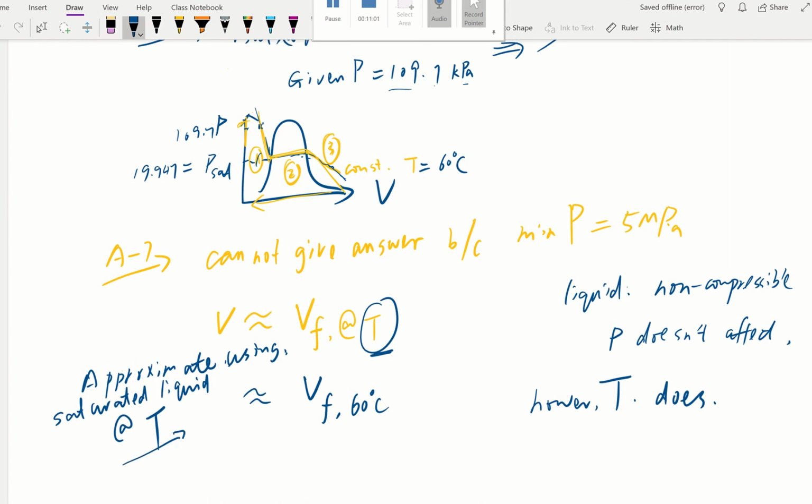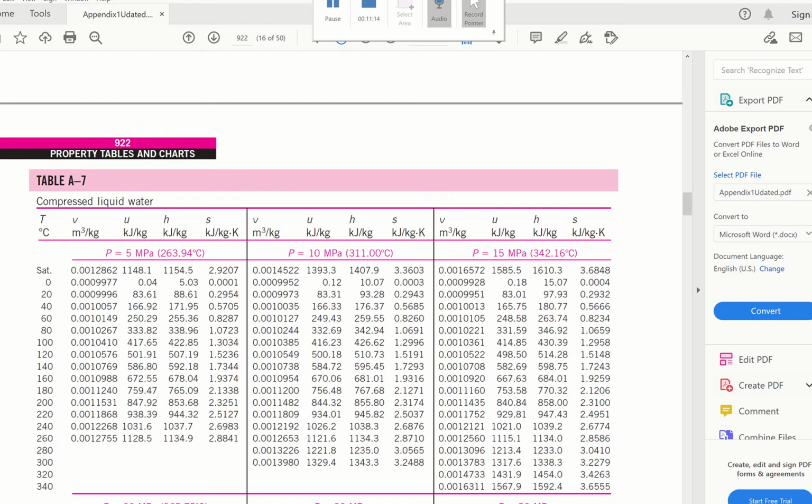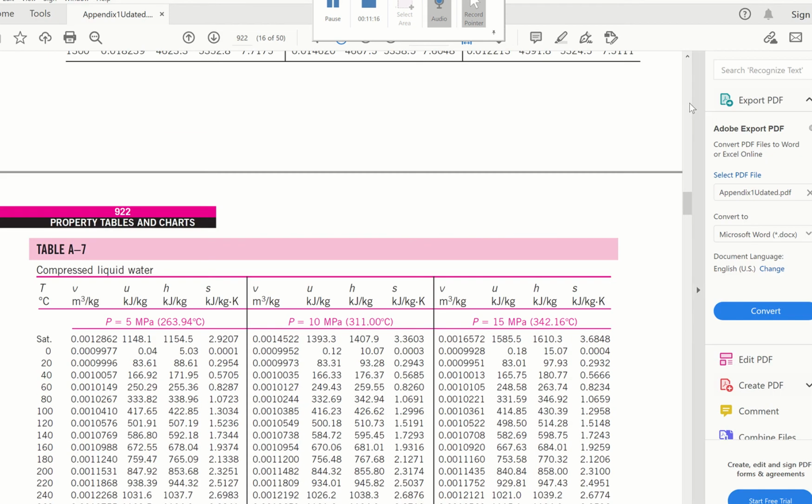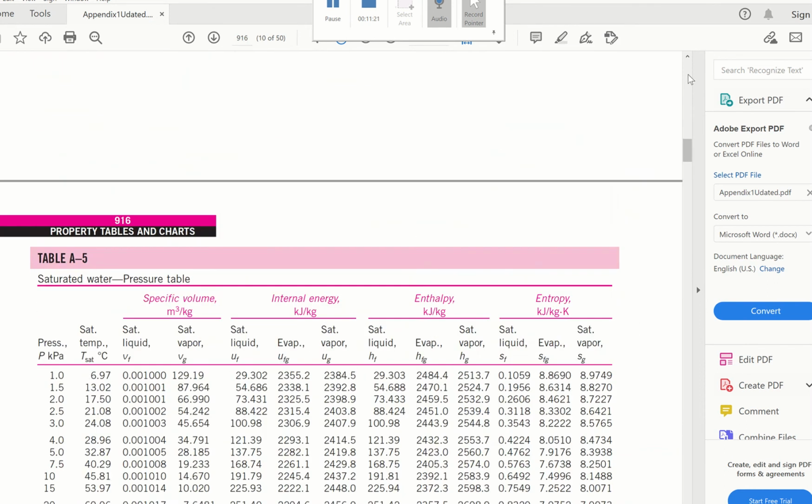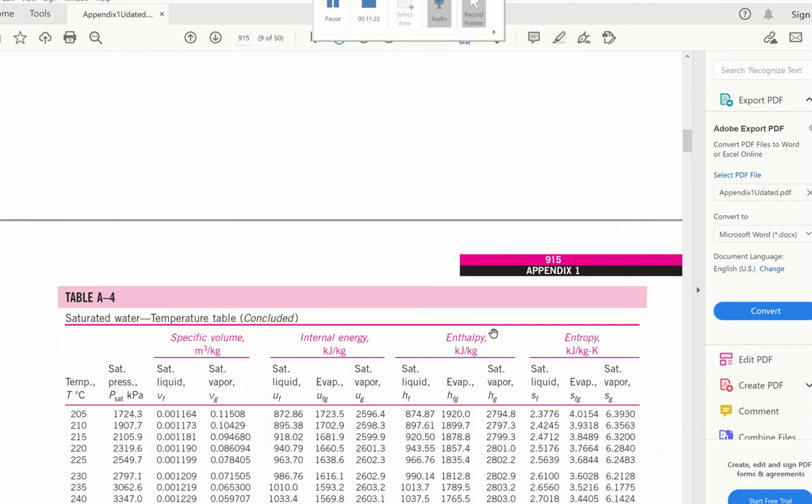That tells us it's going to be table A4, a temperature table. So now, since A7 cannot give us the answer, we're going to go back to table A4, and we're going to look at 60 degrees Celsius.